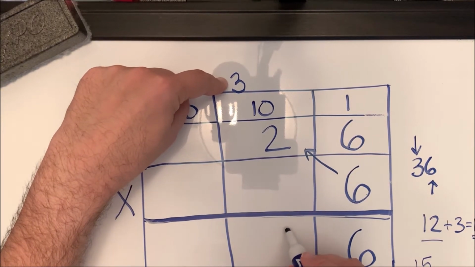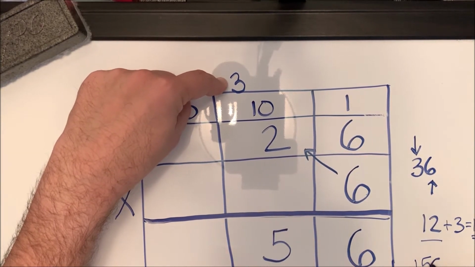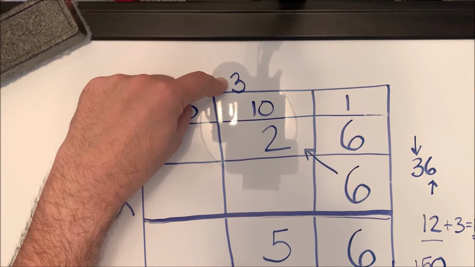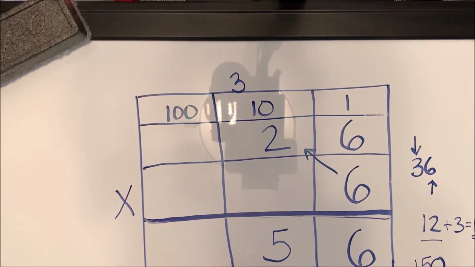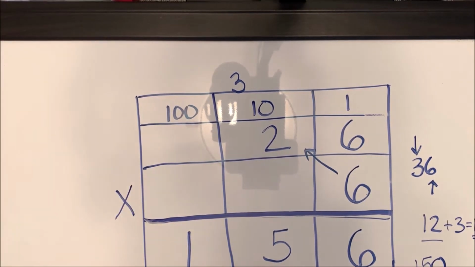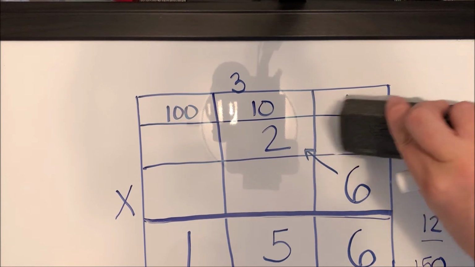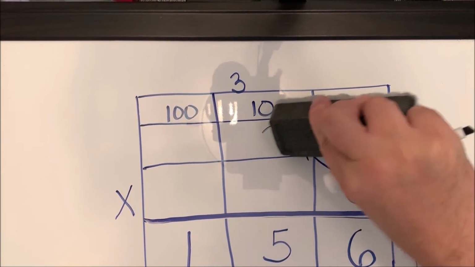So I have 5 tens, because that's actually 150. So I have 5 tens, which is 50. And then I'm going to put my 1 over here. So the answer is 156. Okay, if you didn't get that right, I want you to rewind, go back, and watch me do that again for you. If you got it right, you get to try this one.